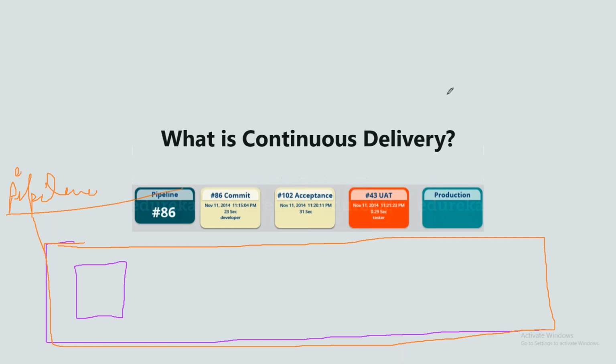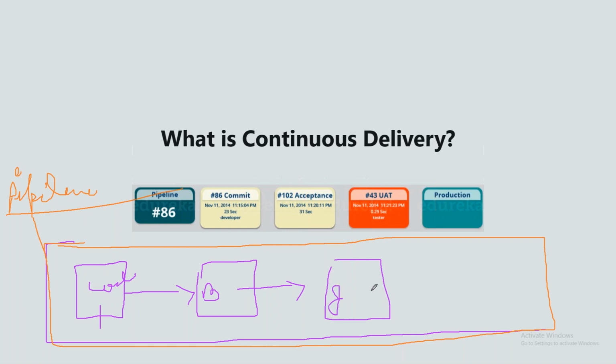Now we can refer to the multiple processes involved as pipeline phases. For example, when we have the code committed, then only it will proceed to the second step, when we are building the code, right? Once we have built the code, then it will move to the next process, where the code needs to be integrated as well. Once the code has been integrated, then we can move to the monitoring stage, right? So this is a simple pipeline that we can see here.